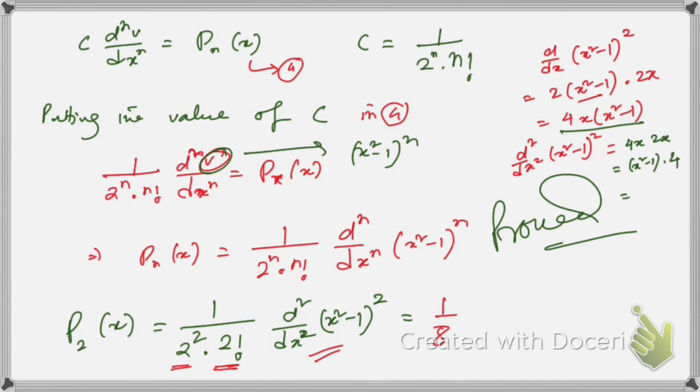So here you will get 8x square plus 4x square minus 4, and that is going to give you 12x square minus 4. So 12x square minus 4, that is what we will get. So hope you have understood this is the answer.